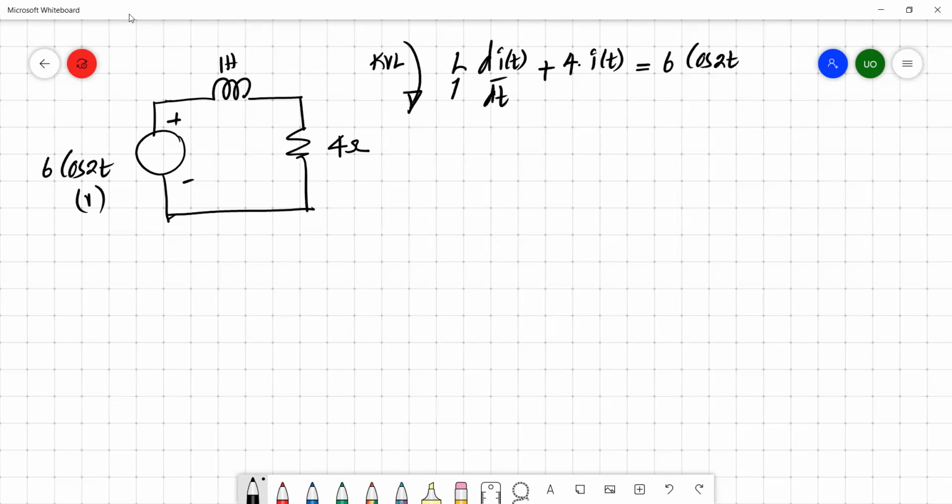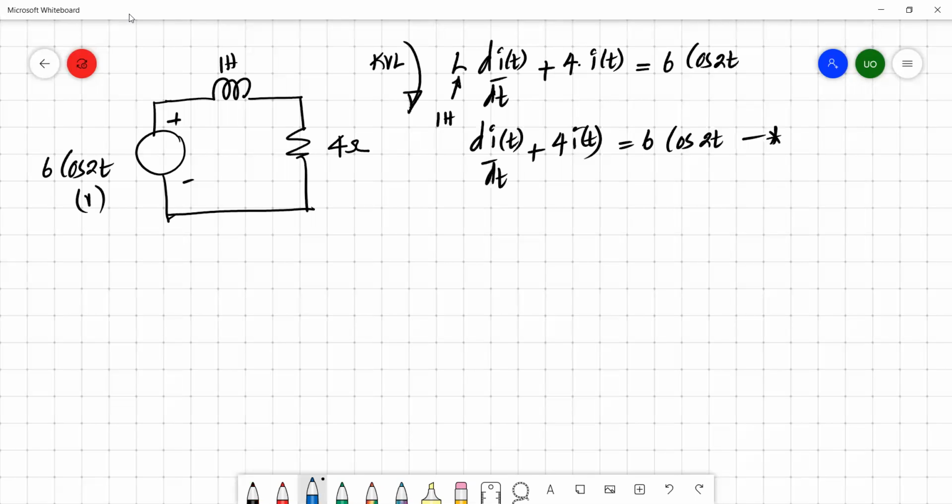So the L is 1 Henry. So then you will end up with this first order differential equation.